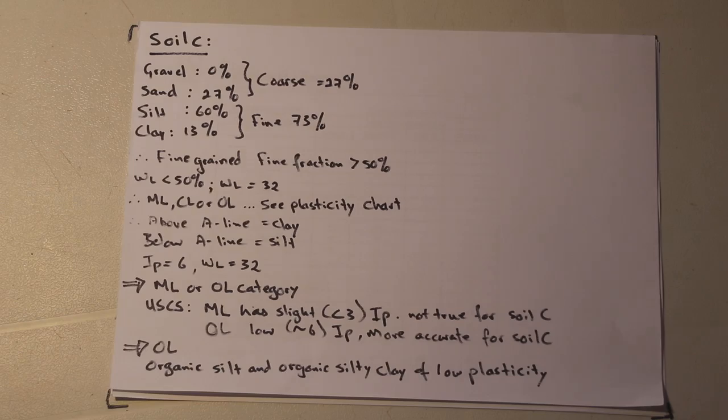So it classifies either as ML or OL. ML has a slightly less than 3 PI, which is not true for soil C, and OL has a low PI, about 6, which is more accurate for soil C. So in this particular case, the soil will classify as an organic silt or organic silty clay of low plasticity.